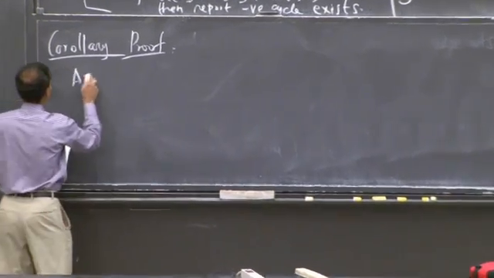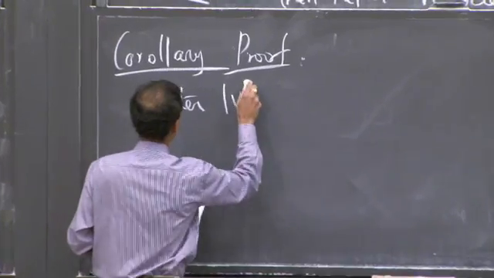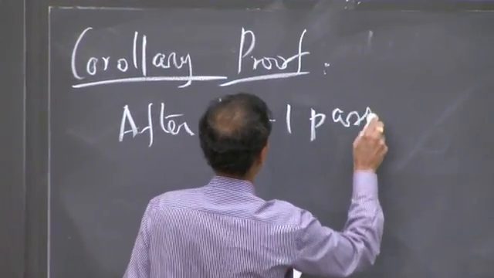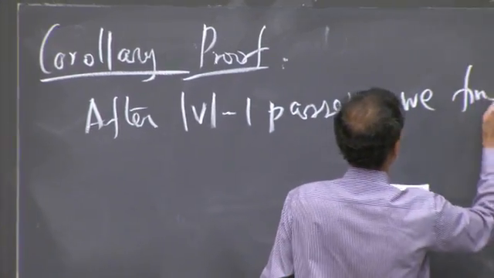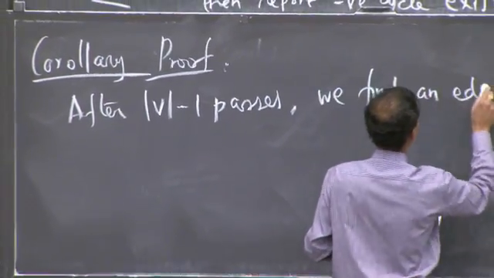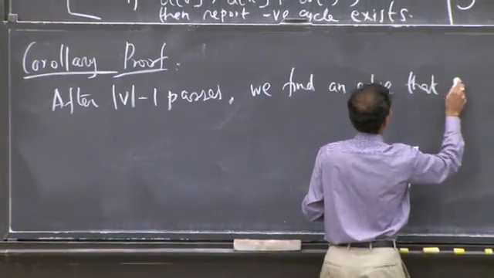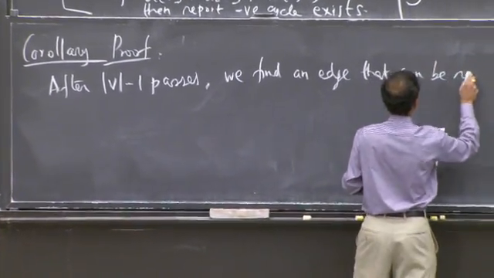At this point, let's say that I've done my v minus 1 passes, and we find an edge that can be relaxed.